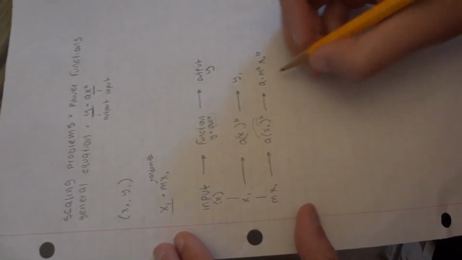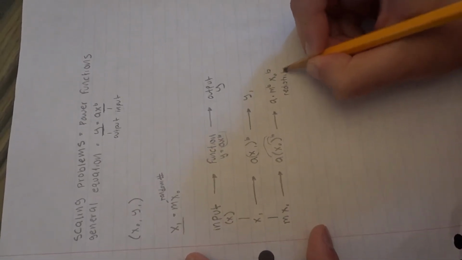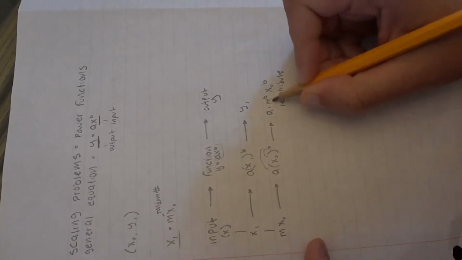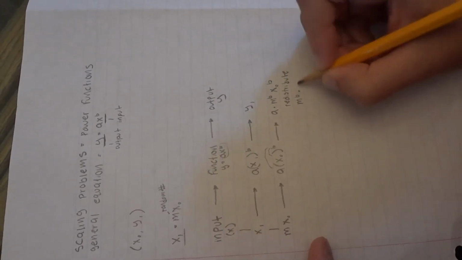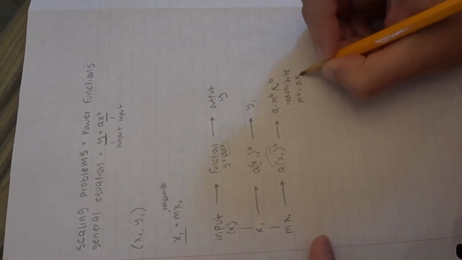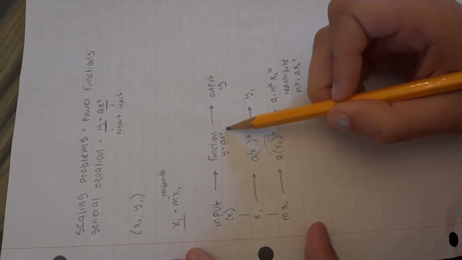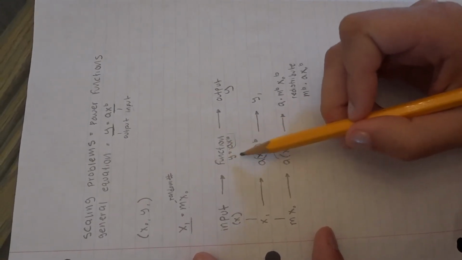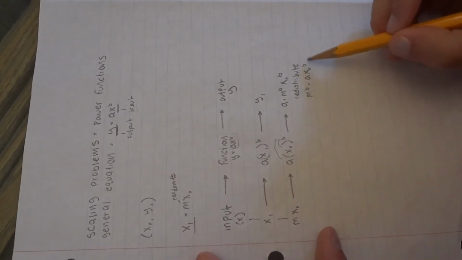And then to make it easier, we can redistribute again. And this is going to be m to the b times a x0 to the b.